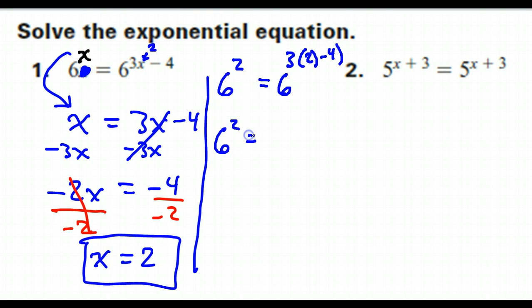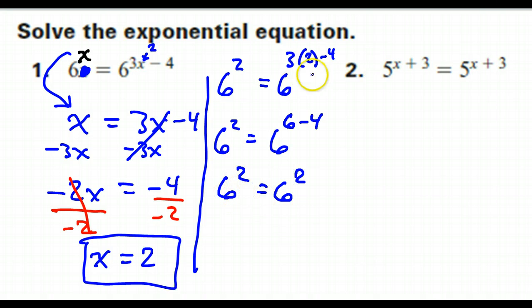So this is 6 squared, because 6 minus 4 is 2. So 6 to the second power obviously equals 6 to the second power. That's how you check your work if you feel like it.